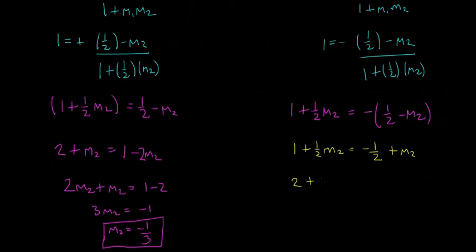So it's going to be 2 plus m2 is equal to minus 1 plus 2m2. And now I'm going to move all of the m2s over to this side and everything else over to that side. So it's going to be minus 2m2 plus m2 is equal to minus 1 minus 2. We're going to have minus m2 is equal to minus 3.